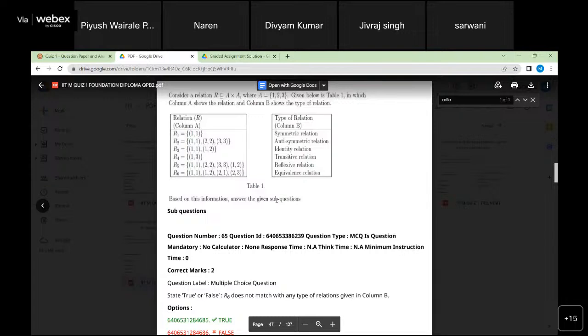Okay, so 2, 3 is not there. So 1, 3 will not be transitive. 2, 2 should be. 2, 2 is there, then it is there. But again 3 also is there, 2, 3. For that also transitivity should be there.